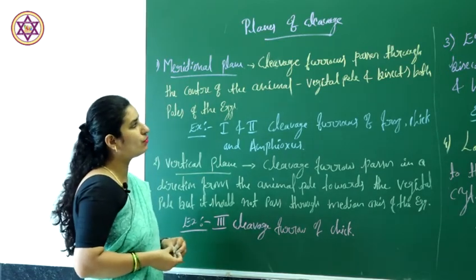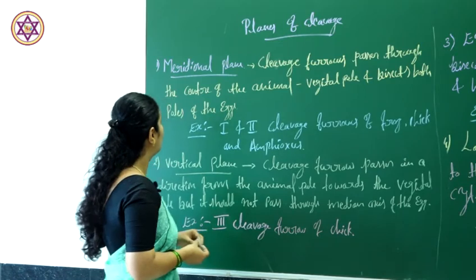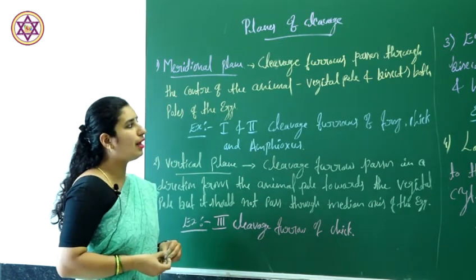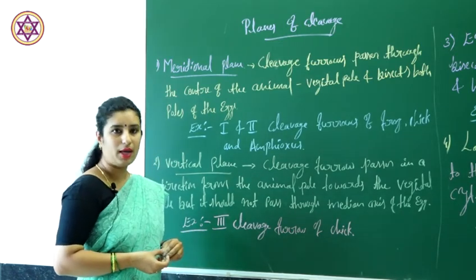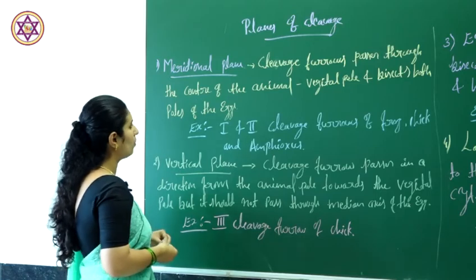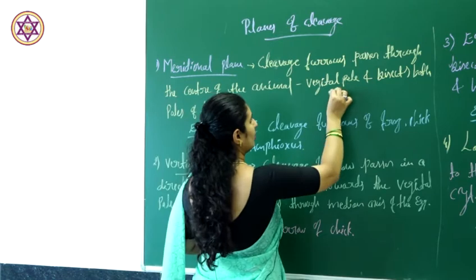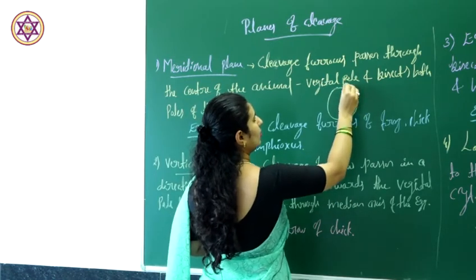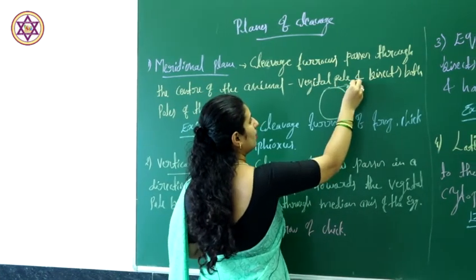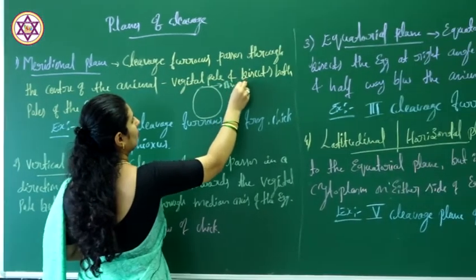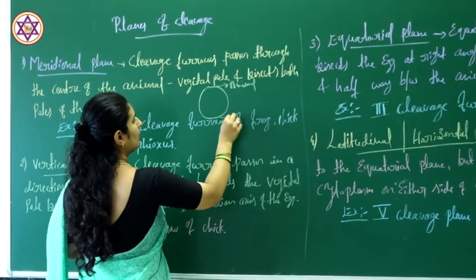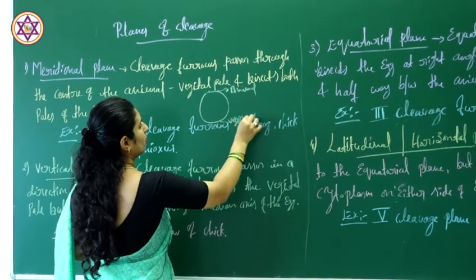Here the cleavage furrow passes through the center of the animal and vegetal pole, and bisects both poles of the egg. So let me draw the diagram. Consider this is an egg. The top part will be the animal pole and this will be the vegetal pole.